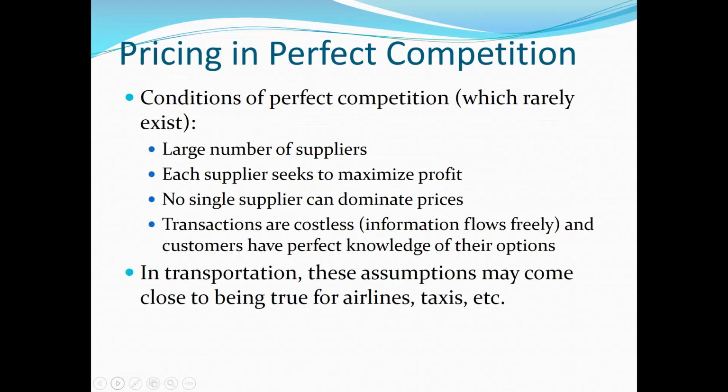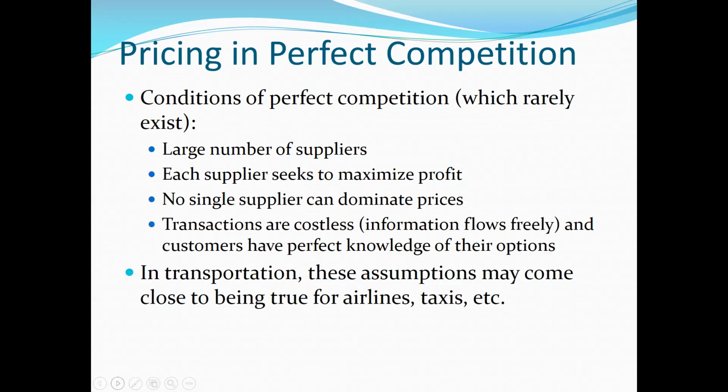So let's talk about pricing in perfect competition. What do we mean by perfect competition? The conditions of perfect competition might include a large number of suppliers, each supplier trying to maximize profit.